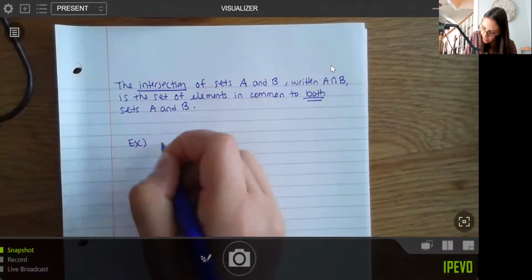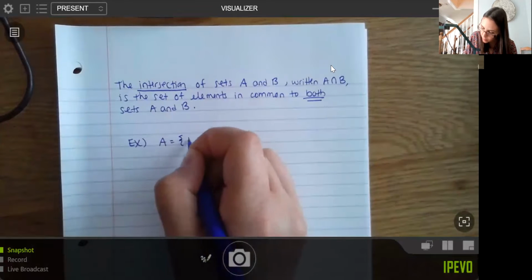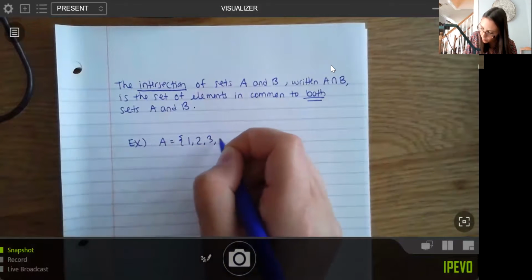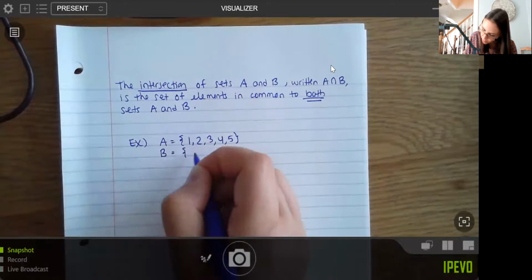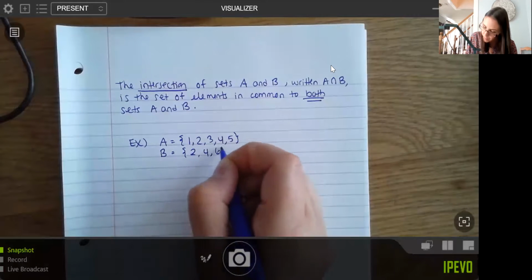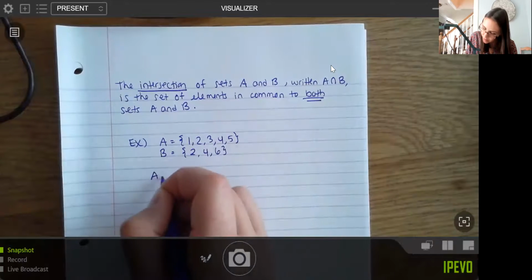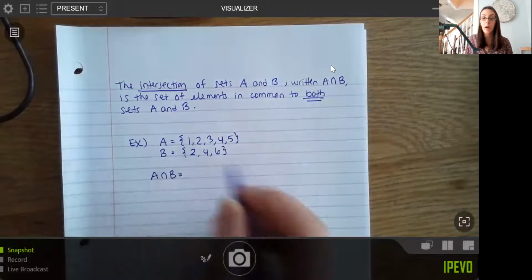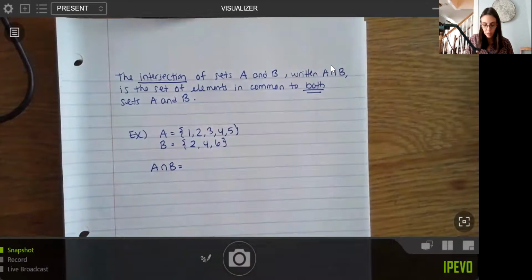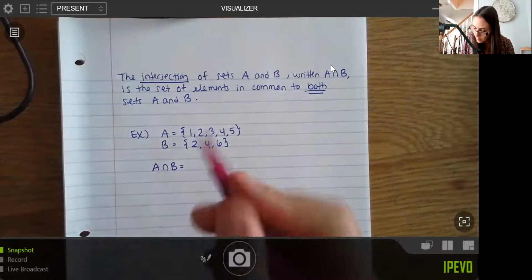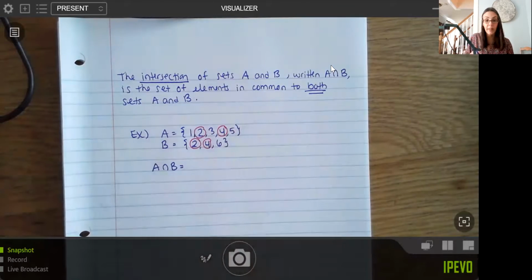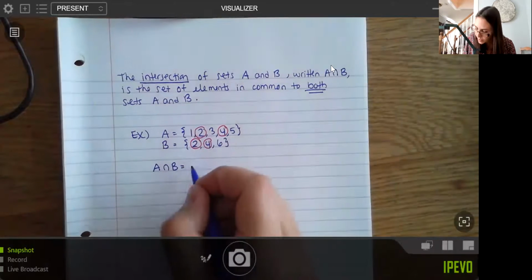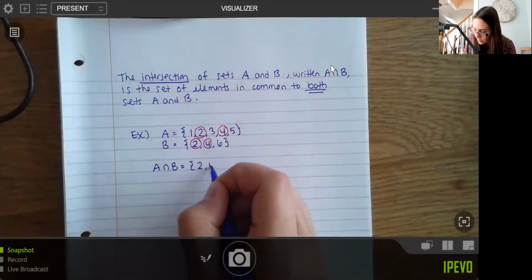Maybe set A is the set 1, 2, 3, 4, 5, and set B is the set 2, 4, and 6. Well, the intersection of these sets would be any elements that are in common to both. If I look at these two sets, I can see that they both have a 2 and they both have a 4, and that's the only thing they have in common. So our intersection there is 2 and 4.